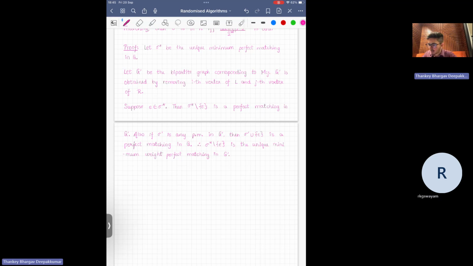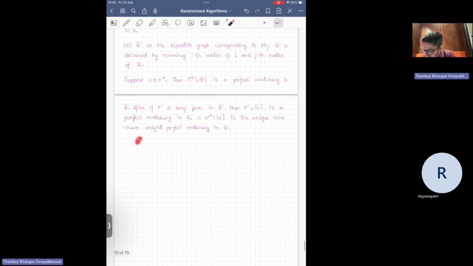What I am claiming is that sigma star minus E is a unique minimum weight perfect matching in G prime. So let me claim by contradiction that sigma prime, which is also a perfect matching in G prime, has the same weight as sigma star minus E. Both of these are perfect matchings of G prime, both have the same weight, and this weight is minimum. Then what goes wrong?